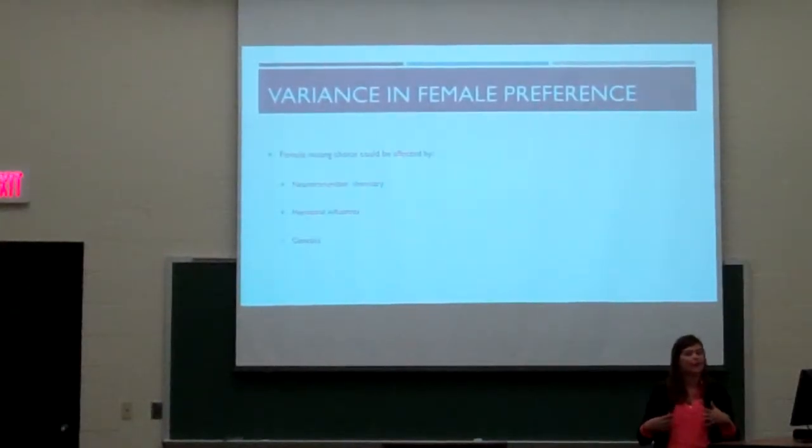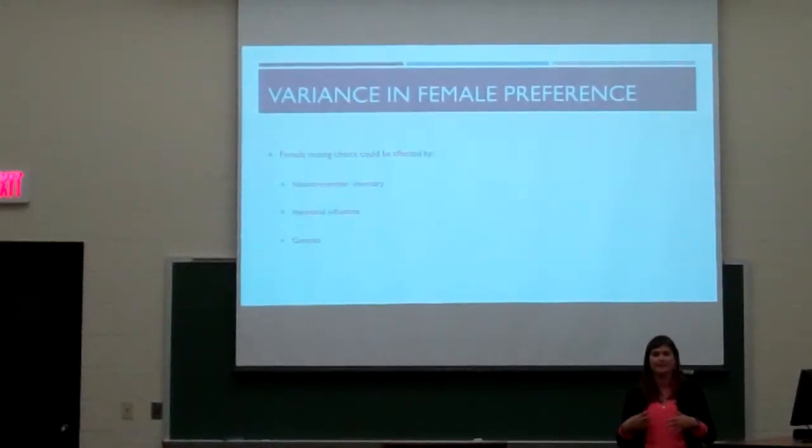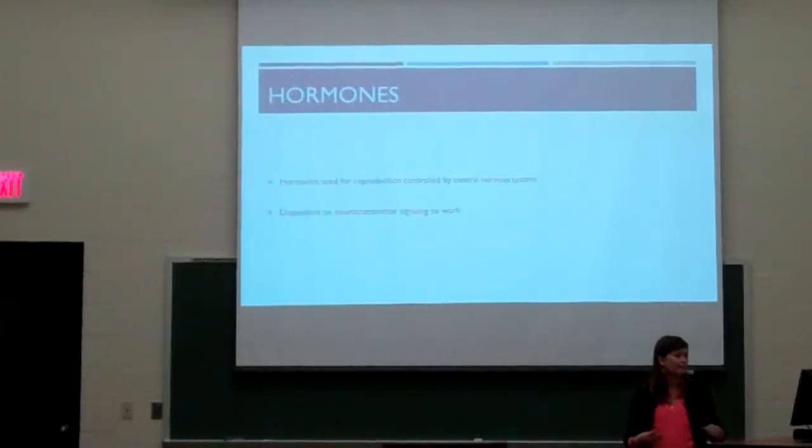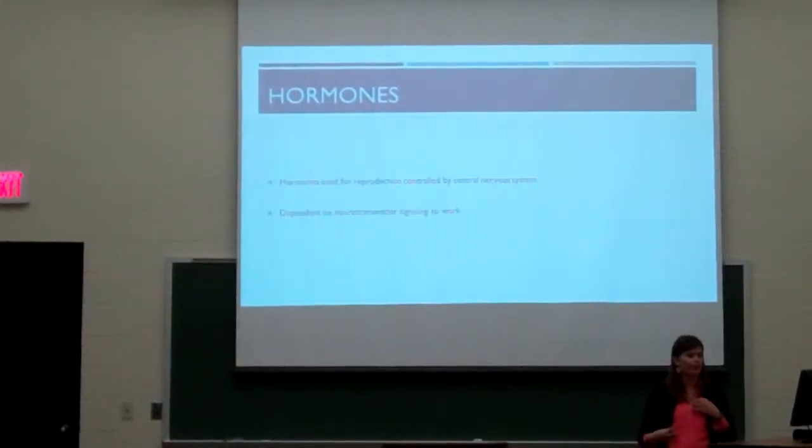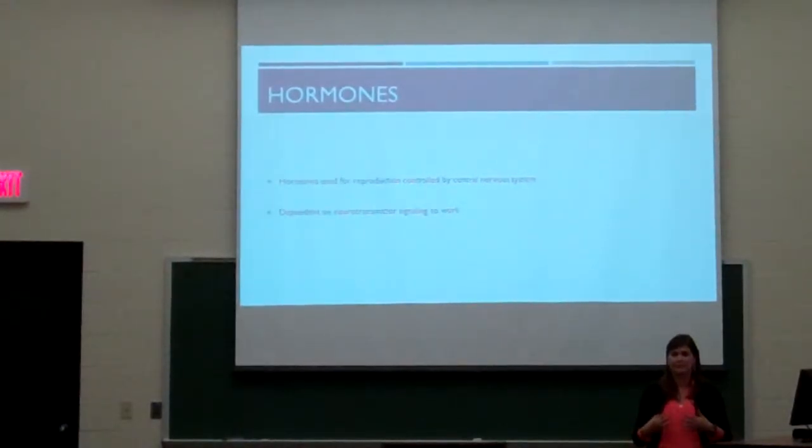Variance in female preference can be affected internally by the chemistry of the neurotransmitters, hormonal influences, which also tie back to neurotransmitters, and genetics. Okay, so the hormonal effects. Hormones that are used for reproduction are controlled by the central nervous system, so they are dependent on neurotransmitters being able to send a signal.